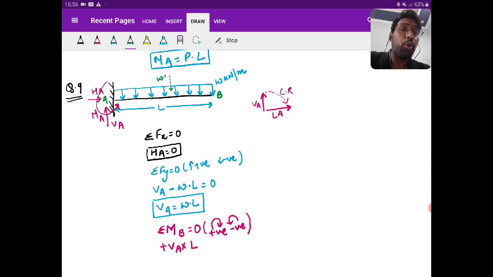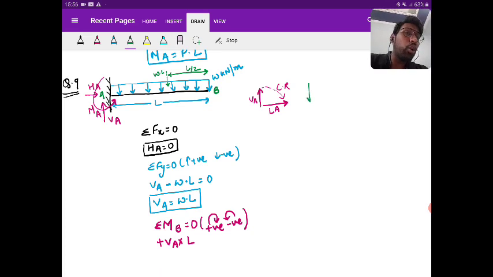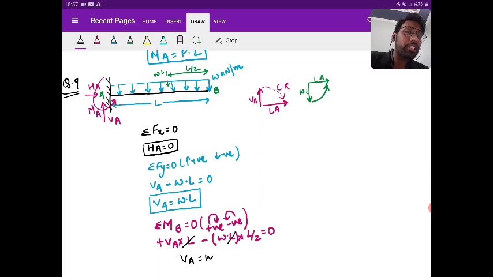The value of the load is W into L, acting at a distance of L by 2 from B. The load is downward and the lever arm is towards the right, so this creates an anti-clockwise moment. So I'm writing minus W into L into L by 2, and this is equal to 0.